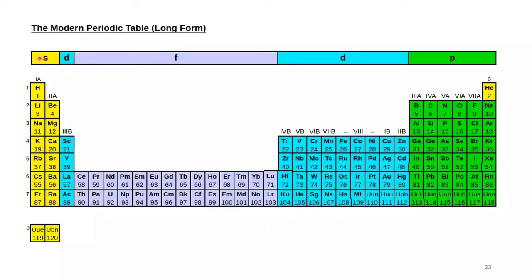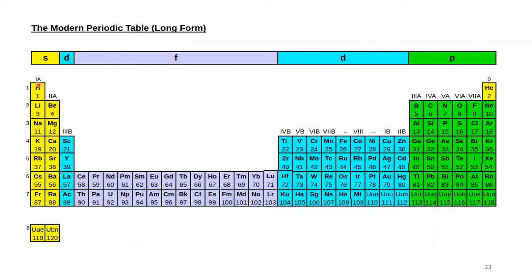And in the S block, you can basically see 2 columns. And in the P block, you have 6 columns. So they reflect the number of electrons they can hold in a particular orbital. In S, there is only one orbital, and each orbital can hold a maximum of 2 electrons.